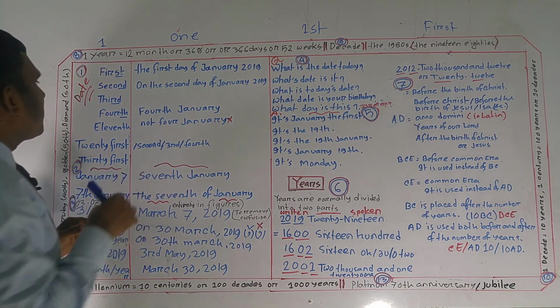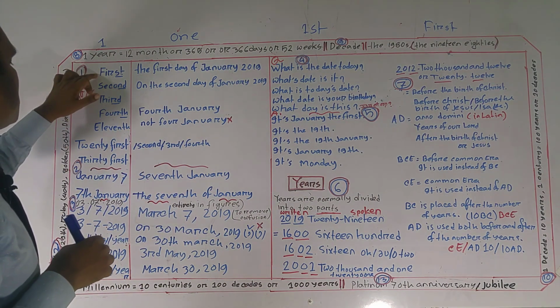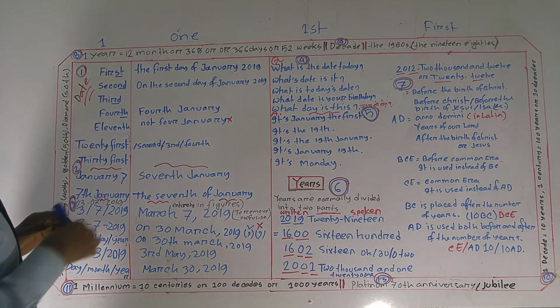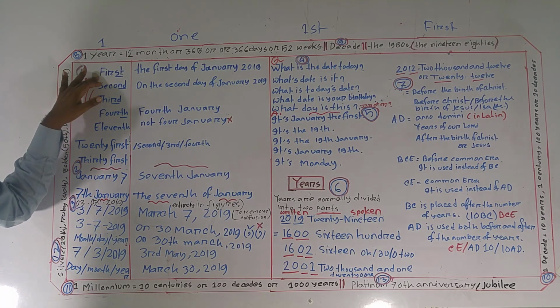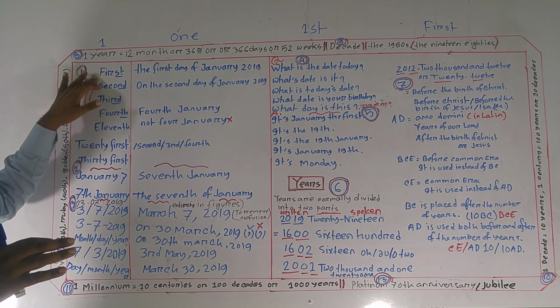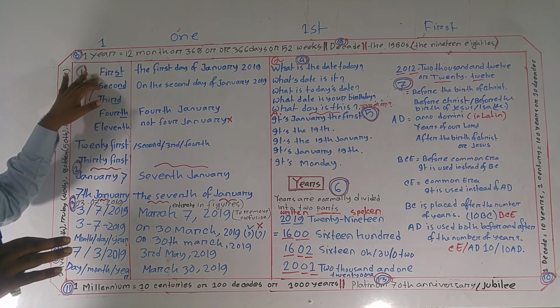Okay, now on the corner of the board you'll find here I have written first. First in Bengali means prothom. Firstly, prothomoto. First, prothom. Firstly, prothomoto.